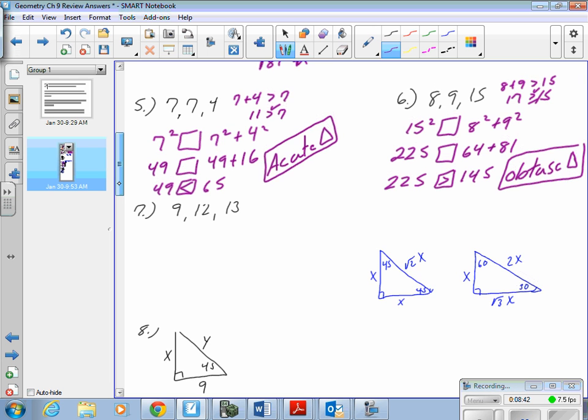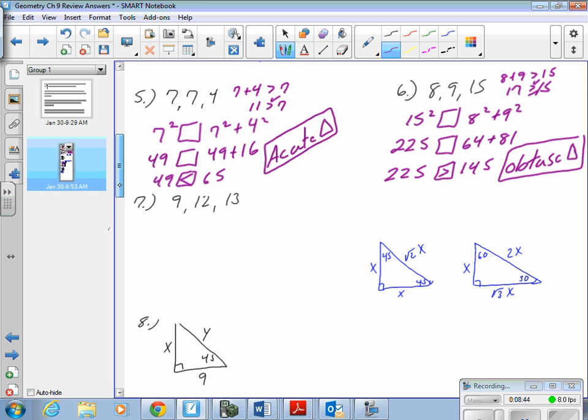Alright, so then number 7, got sides of 9, 12, and 13. So check to see if it's a triangle. So 9 plus 12, is that greater than 13? 21 is greater than 13, so it does make a triangle. So now we're going to compare 13 squared to 9 squared plus 12 squared. So 13 squared is 169.